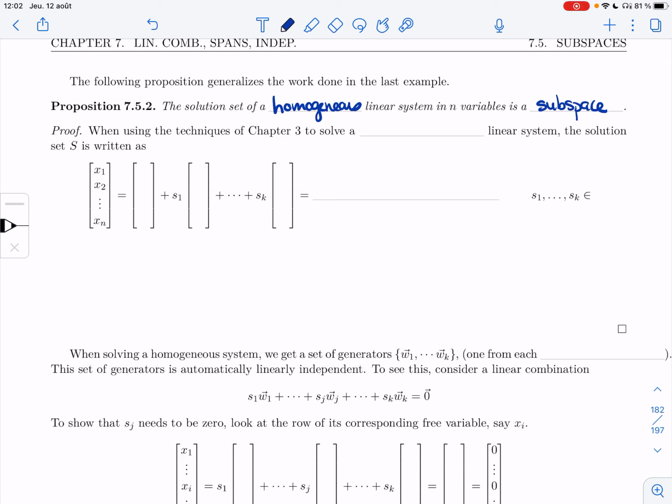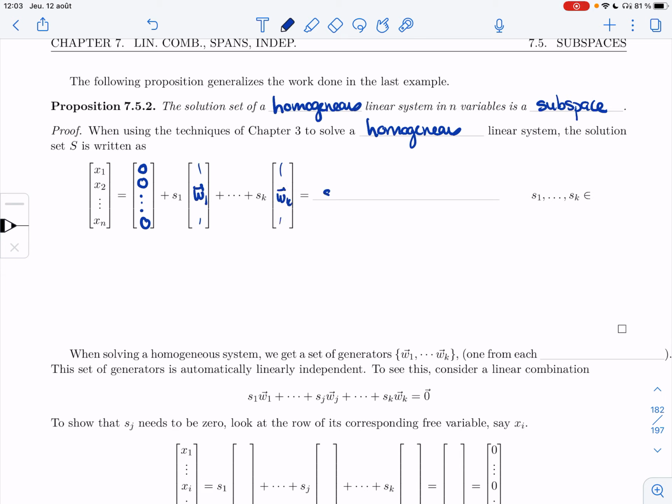All right, so let's prove this. It's not too hard. When using the techniques of chapter 3 to solve a homogeneous linear system, the solution set is written as, first of all, the constants are zeros and stay zeroed throughout. So the constants are 0. And then, if we have k parameters, we get s1 times w1 through sk times wk.